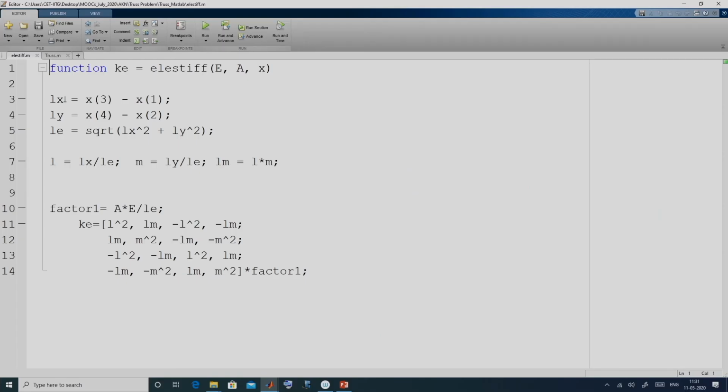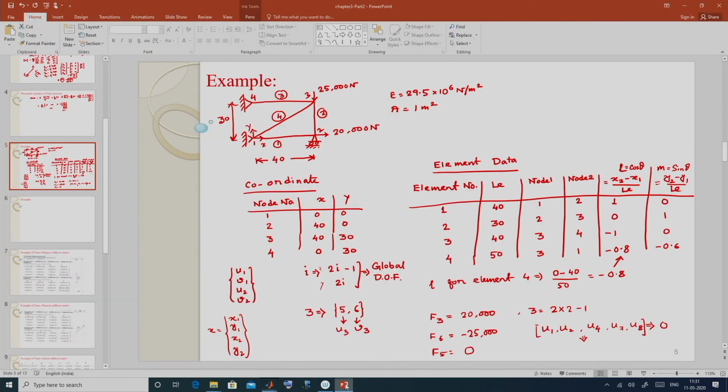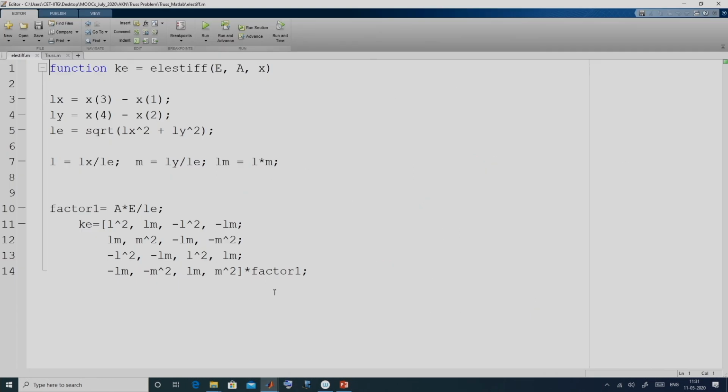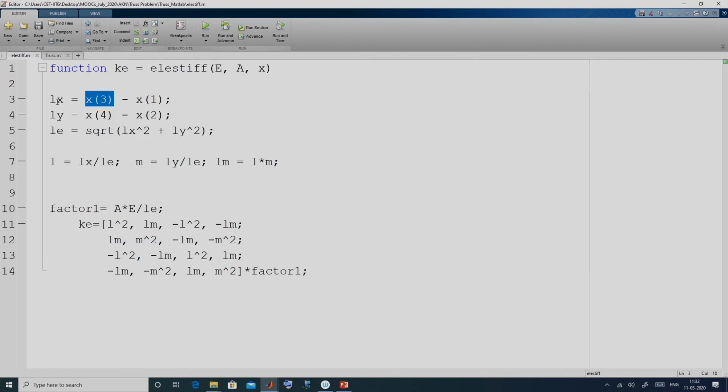So, Lx is nothing but x2 minus x1. For this vector, your x2 is stored in the third position, so the third entry of this x vector is nothing but x2. So, x2 minus x1 gives us Lx.